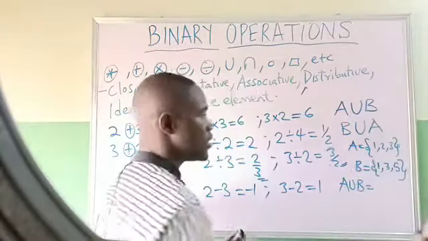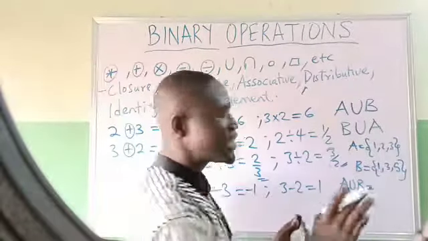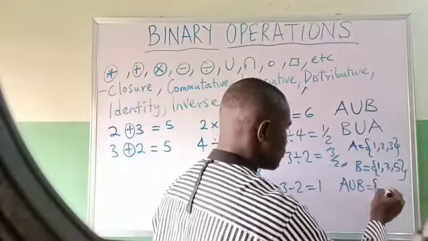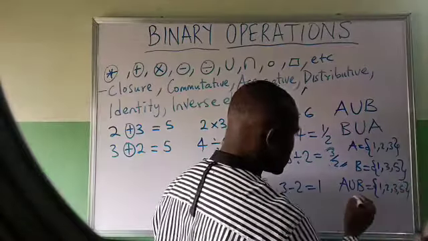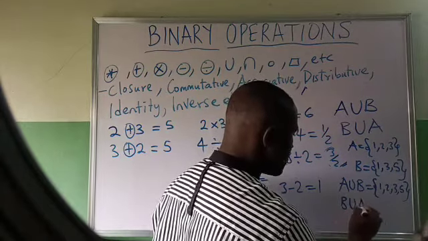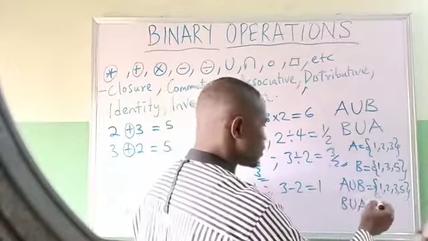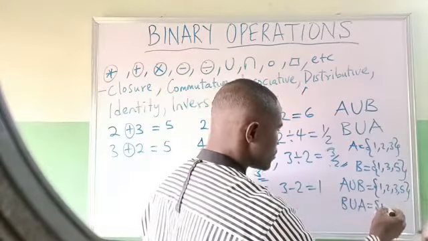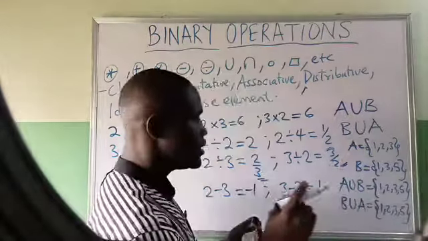A union B simply means combine them together without repetition. 1, 2, 3, and 5. What is B union A? B union A means combine the elements in B and A together without repetition. 1, 2, 3, and 5. Are they the same? Yes.